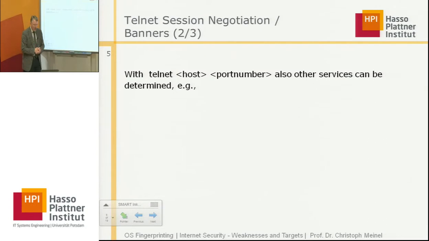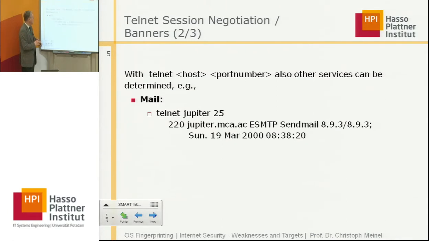With the command telnet, host and port number, information about other services is also provided. For example, about mail, telnet Jupiter 25, and here is the answer: Sendmail in these versions is used.